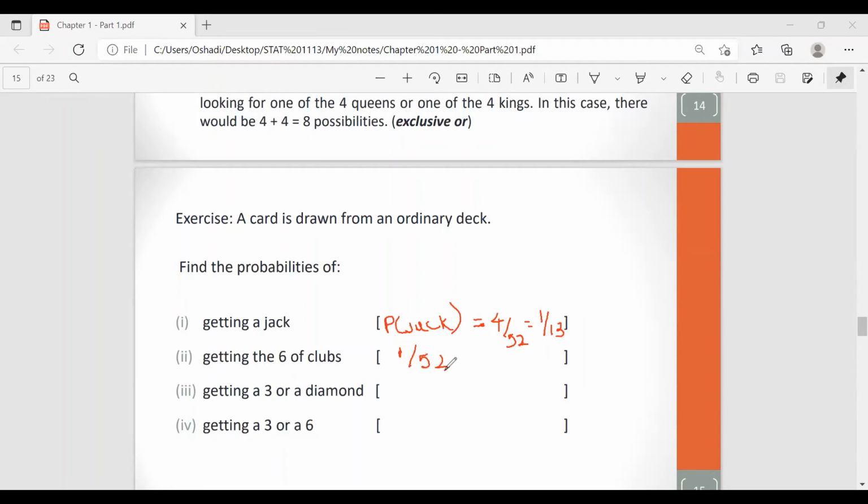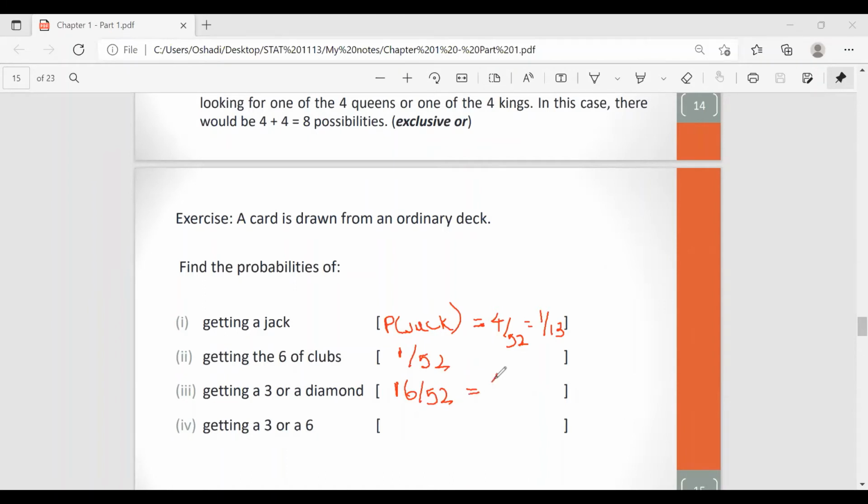And getting a 3 or a diamond. There are 4 possibilities of getting 3 and 13 possibilities of getting diamond. But the diamond 3 is repeating in both cases. So it should be 16 over 52.